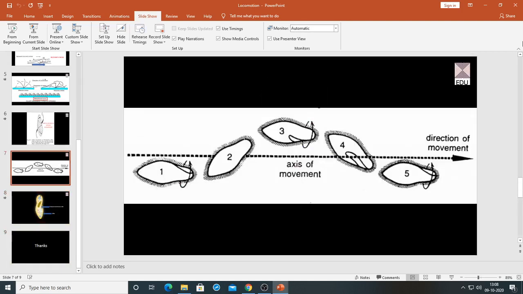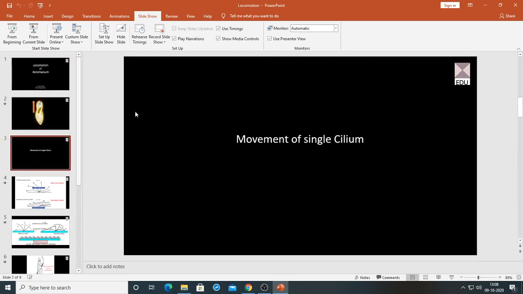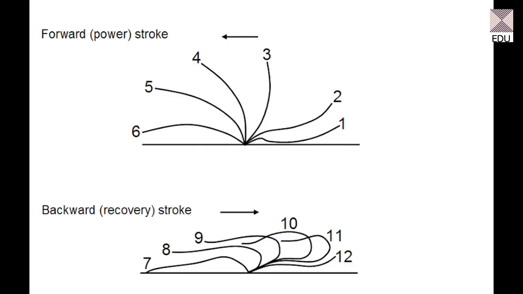Now, if we take the second slide into account, the movement of a single cilium. On the very upper diagram, you can see that the cilium is moving from right to left.